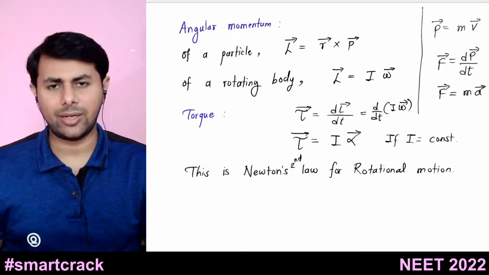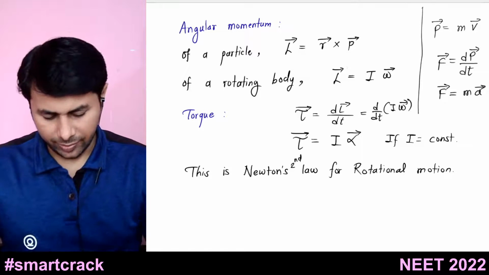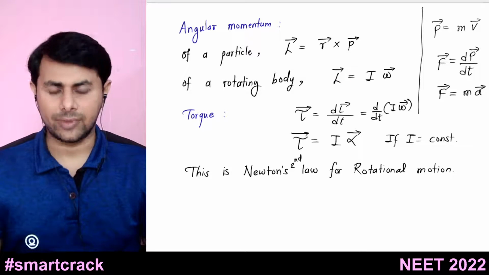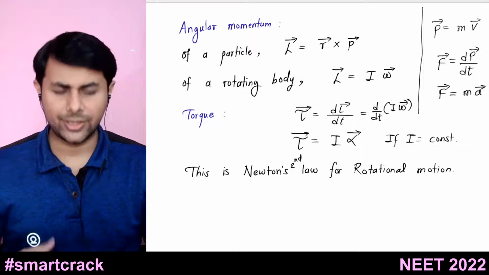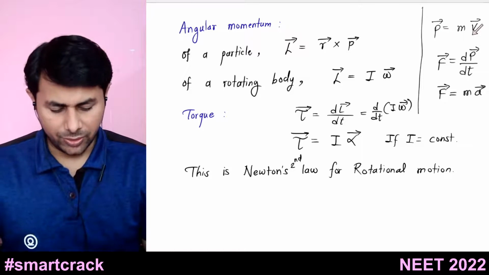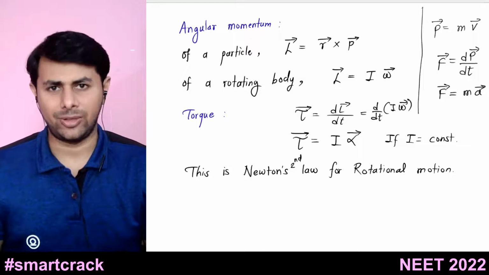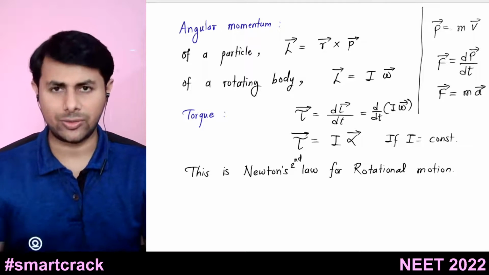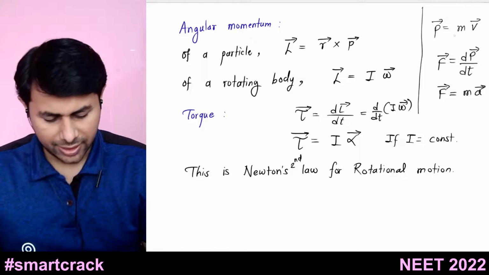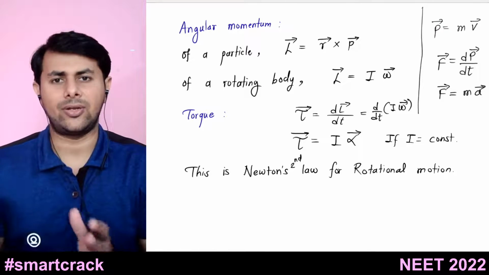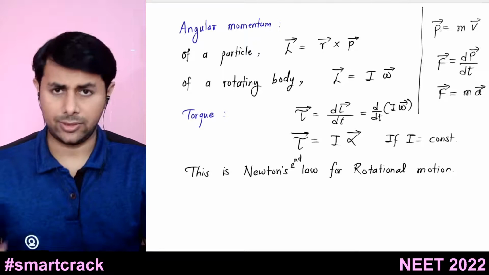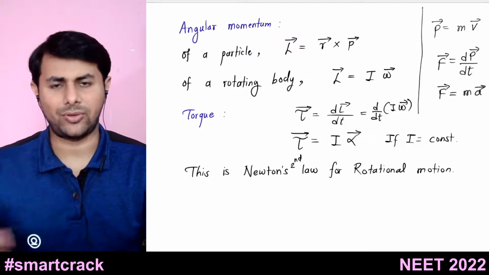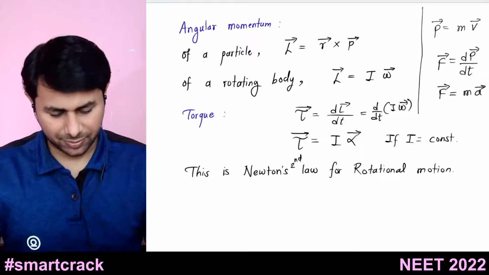And if you are talking about a body, not a particle, then its angular momentum is given by this formula. It is I into omega. So the trick here is, if you want to go from linear motion to rotational motion, what you have to do is just replace each quantity by its analogous quantity in rotational motion. Then you will get the formula for the quantity in rotational motion.